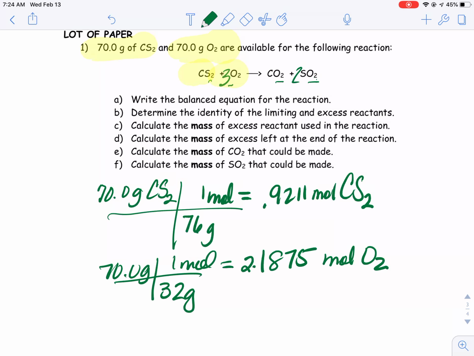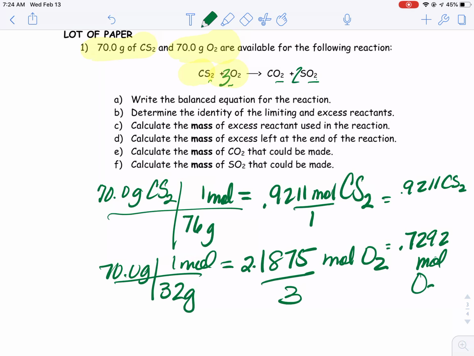The coefficient in front of the oxygen is 3. Which one is smaller? The oxygen is. So this guy is our limiting.